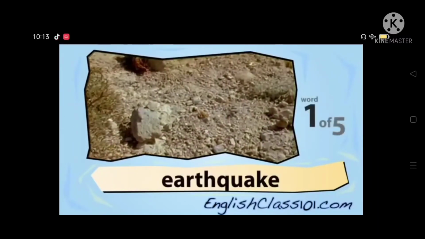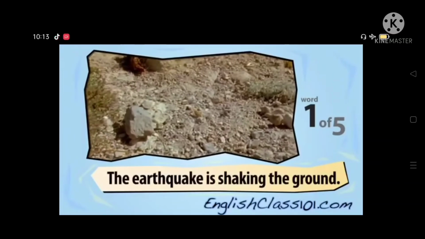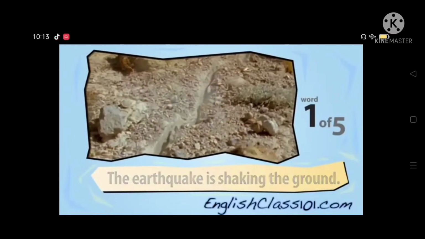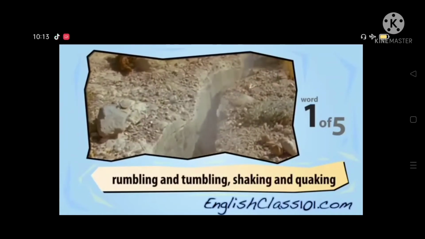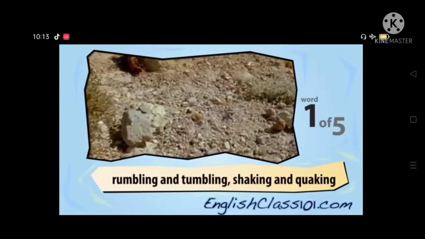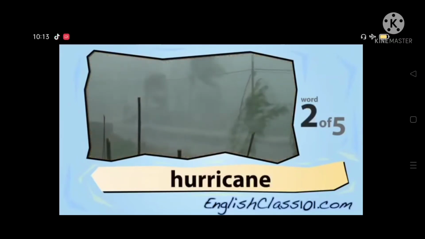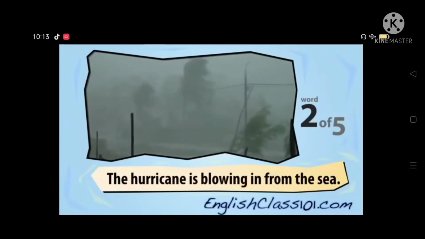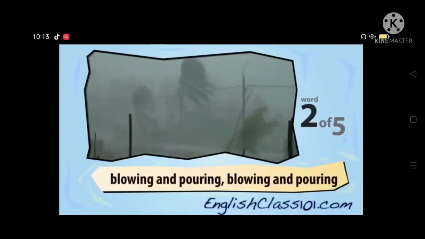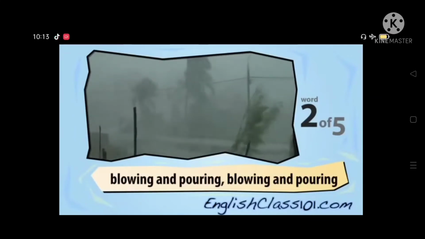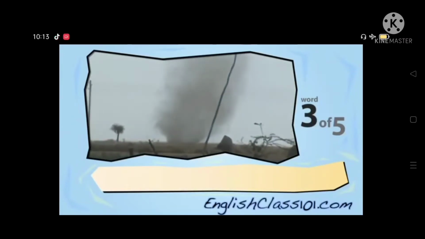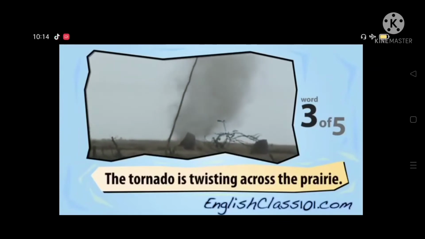Earthquake. The earthquake is shaking the ground. Rumbling and tumbling, shaking and quaking. Hurricane. The hurricane is blowing in from the sea. Blowing and pouring. Tornado. The tornado is twisting across the prairie.